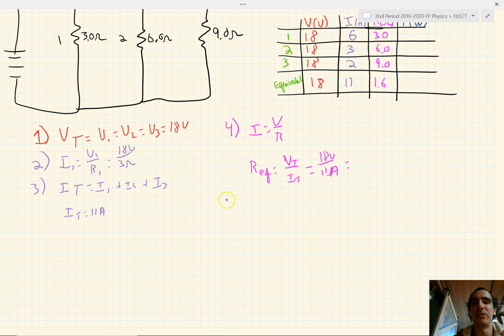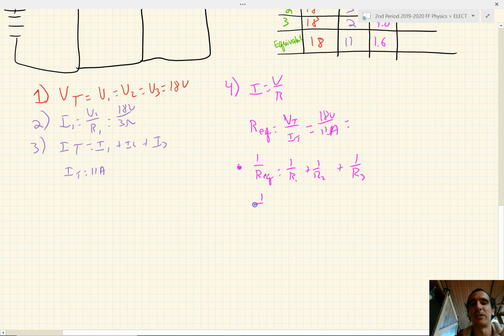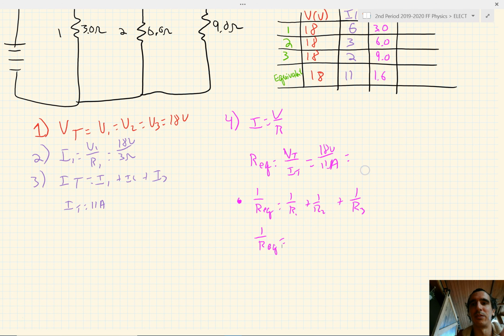Now the other way we could do this is we could use the rules for parallel circuits, where 1 over Req is 1 over R1 plus 1 over R2 plus 1 over R3. So if we plug and chug, we get 1 over Req is 1 over 3 ohms plus 1 over 6 ohms plus 1 over 9 ohms.